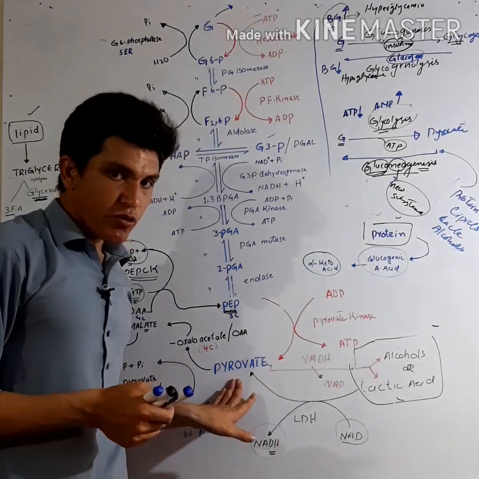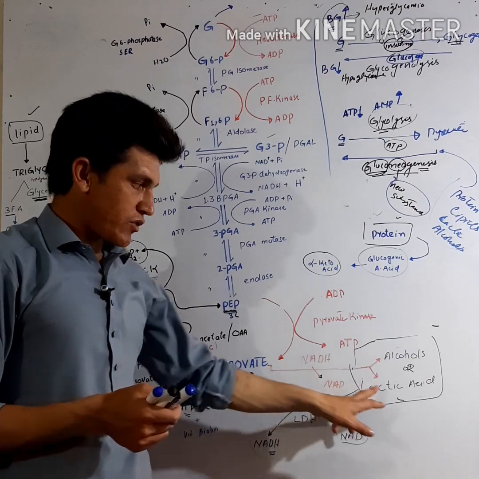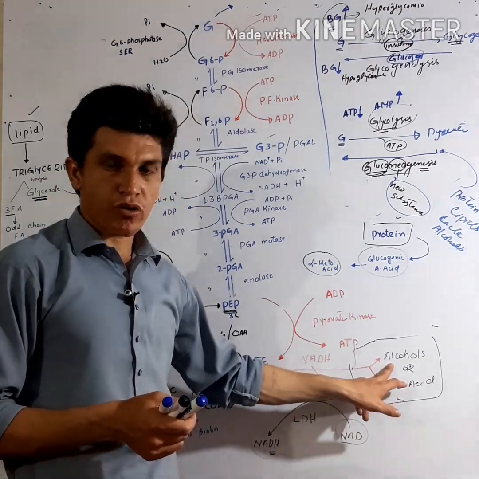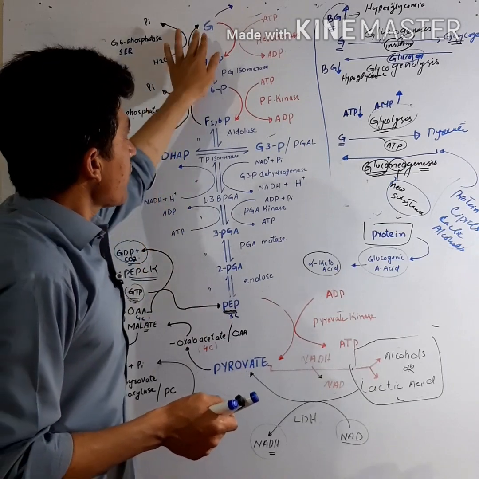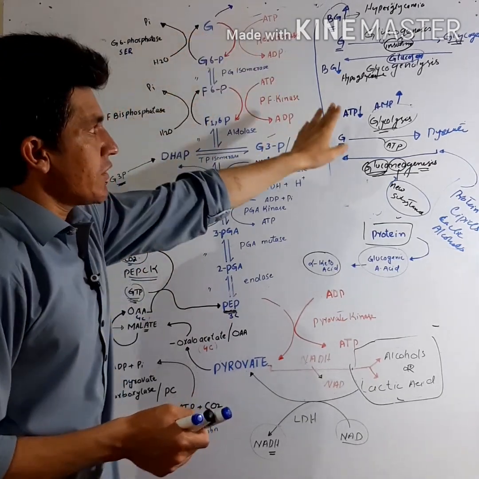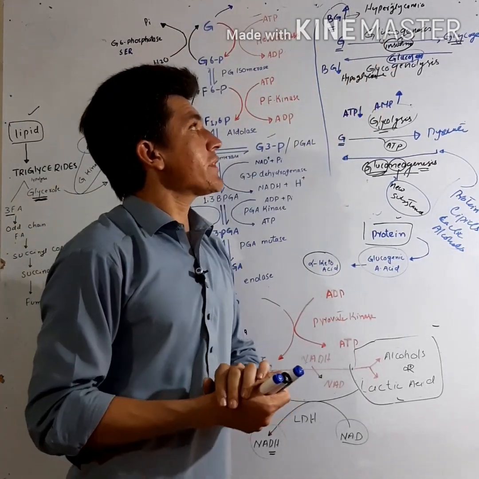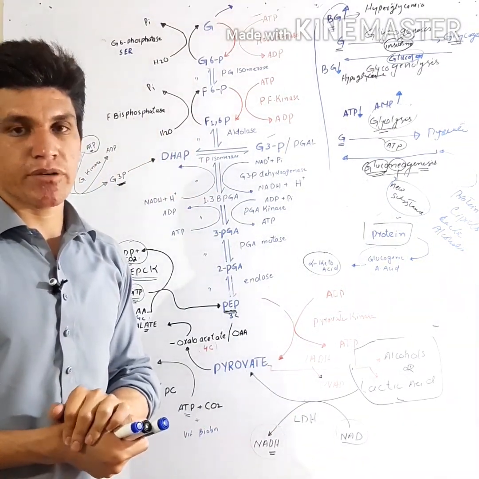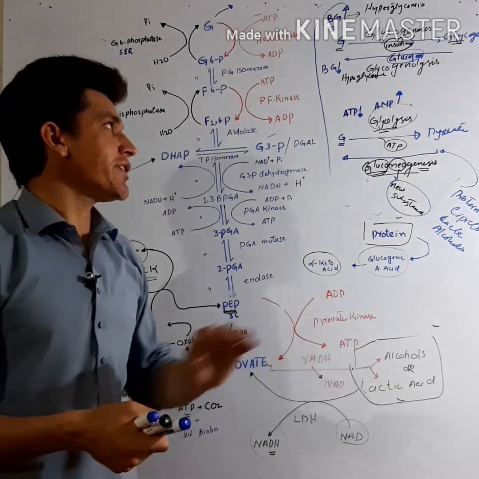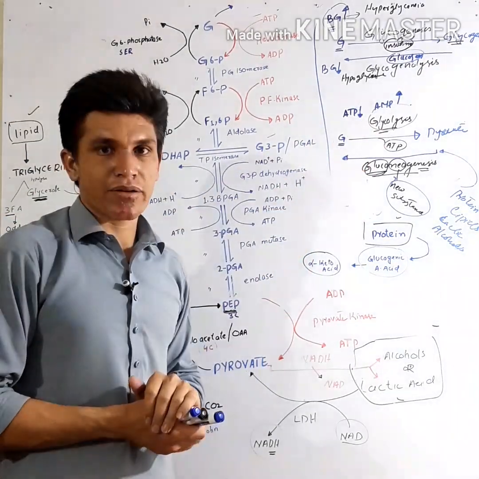And if it is anaerobic, then the pyruvate is converted into lactic acid or alcohol. Glycolysis occurs when the condition is hyperglycemia, when there is a high level of glucose in the blood, or when we need ATP.